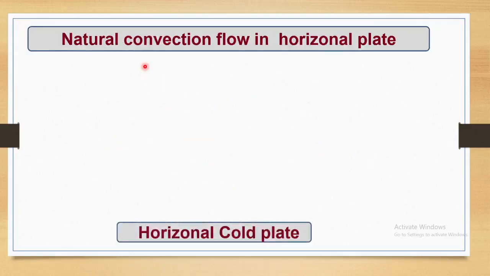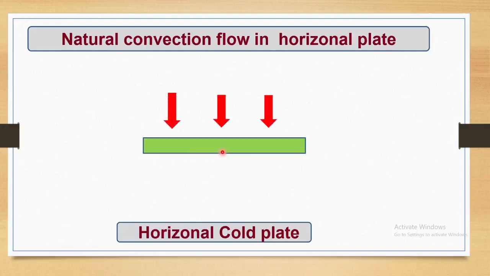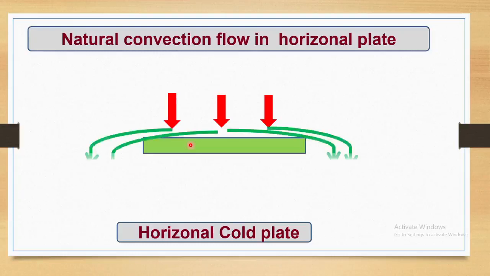Now, when a horizontal cold plate is exposed to the heated fluid. So let us consider a cold plate is exposed to the heated fluid. On the upper side, when hot air comes into contact with this cold plate, it will become cold, will become heavier, and will try to move in the downward direction.